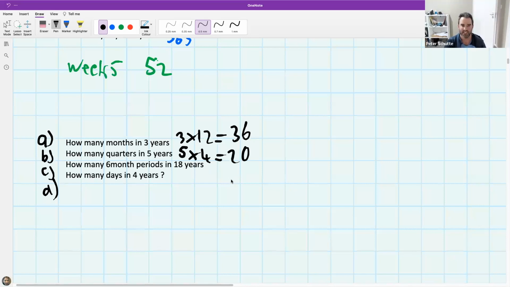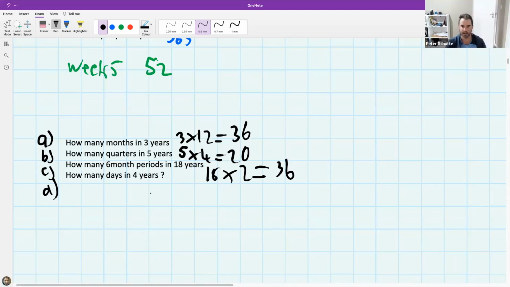What about C? How many 6-month periods in 18 years? Well, if there's 2 per year, it seems like we just go 18 times 2. So we would get 36 6-month periods.